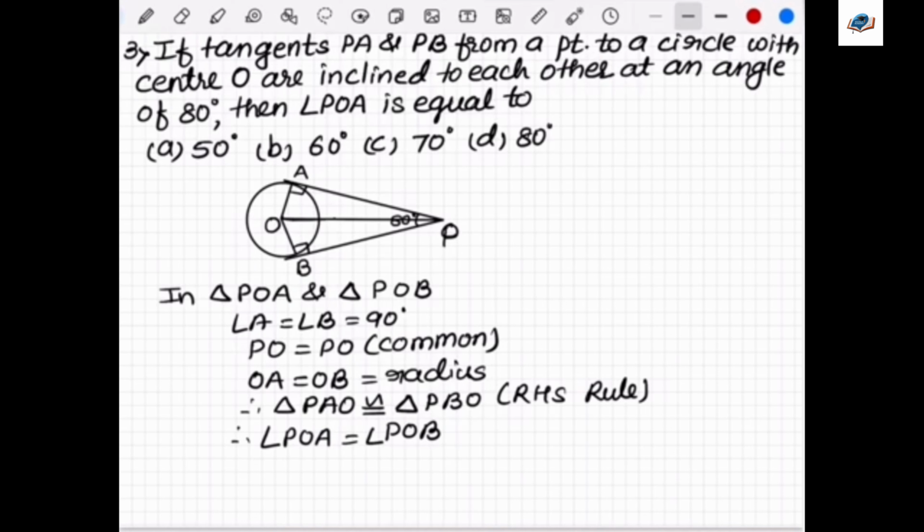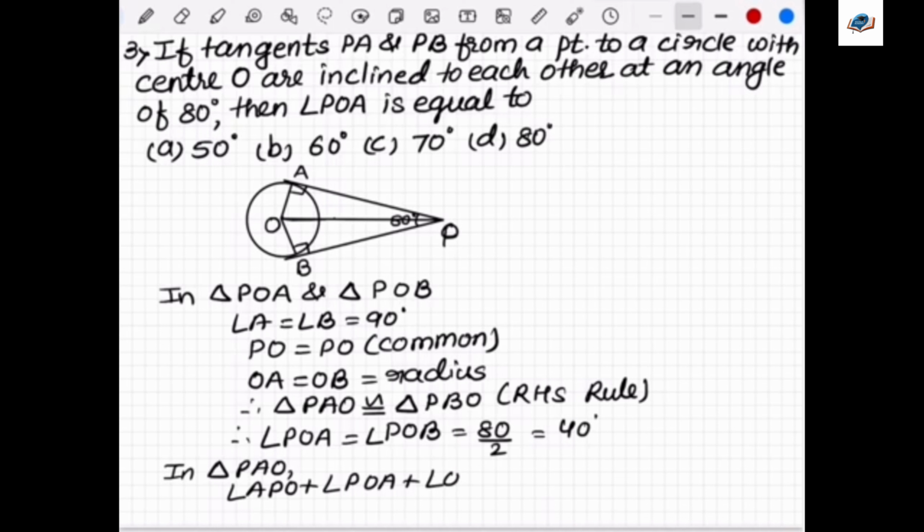So now in triangle PAO, angle APO plus angle POA plus angle OAP equal to 180 degree, sum of three angles of a triangle is 180.